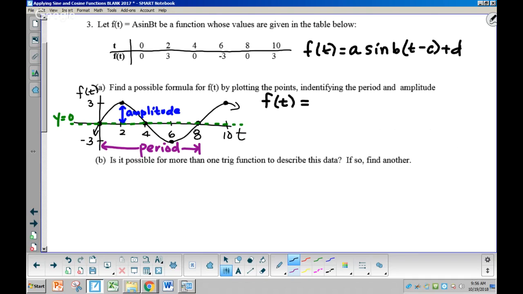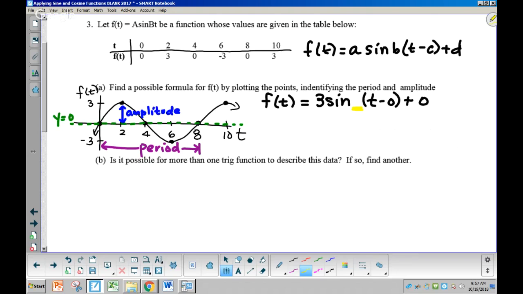Okay, so which sine function would we like to name? We have to figure out where we're going to start. Yes, ma'am. F of t equals 3 sine of, well, t. Minus 0 plus 0, right? I'm just going to show that. Now, the thing is that we have to consider b. Is that 4?